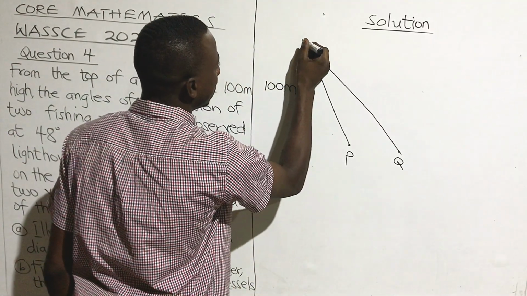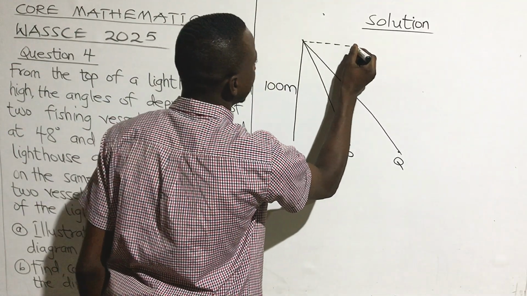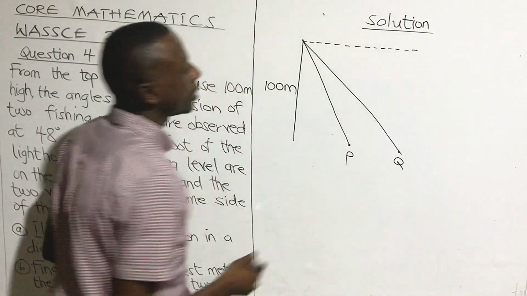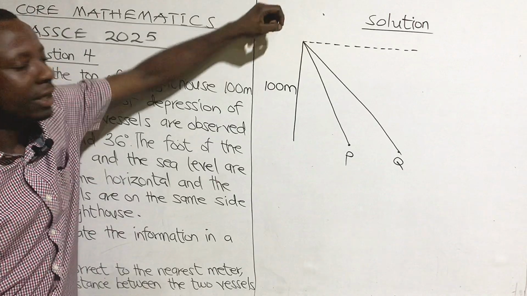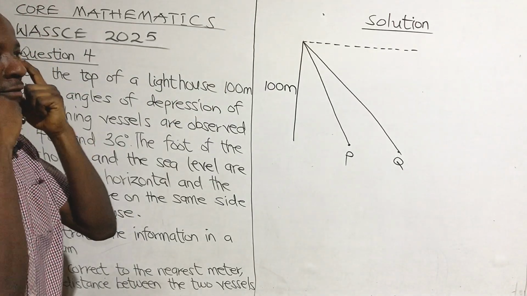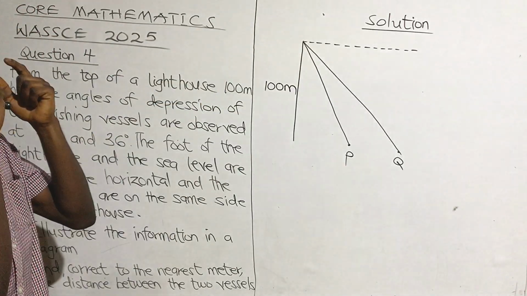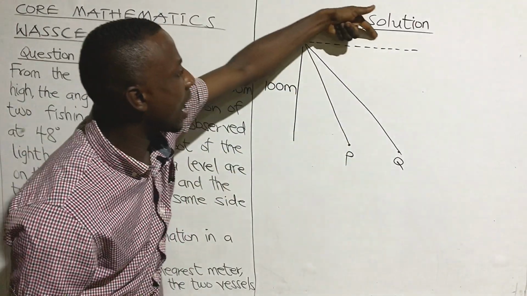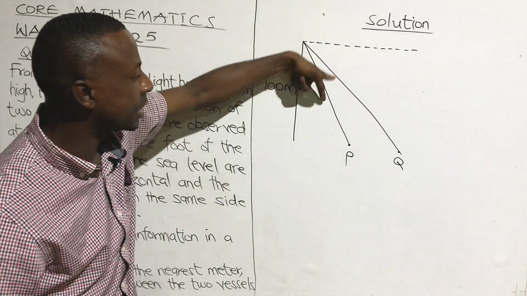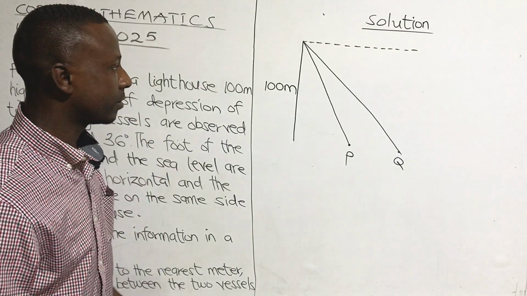For depression, there should be short dashes here, because anytime someone is on top of a building, the person will look horizontally, and then the eye will move down to observe these two vessels.